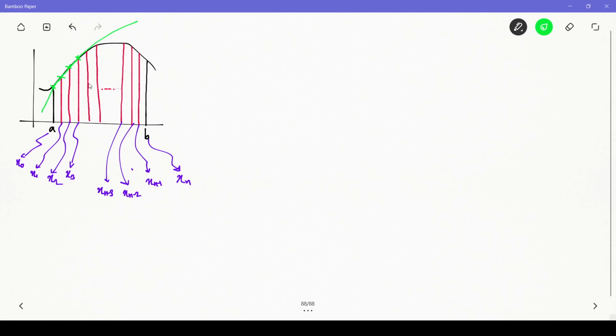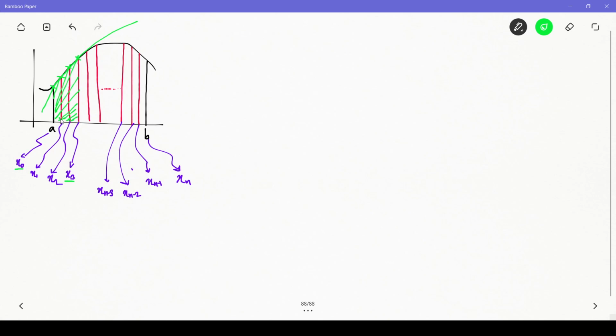Now that we have worked with the first three segments, our target is to find the area underneath the third order polynomial valid between x naught and x3. So let's say the area looks something like this. The area of the original curve under this subinterval is approximated by this green shaded region.